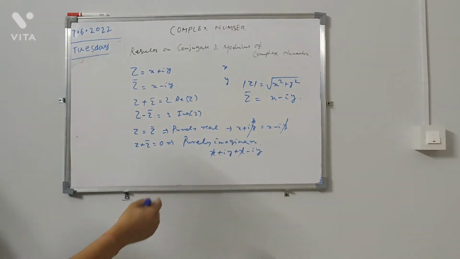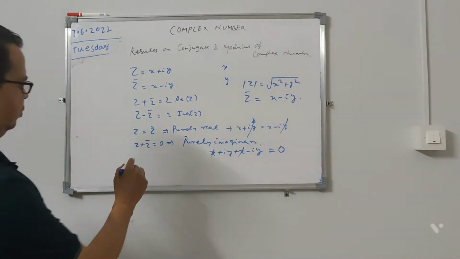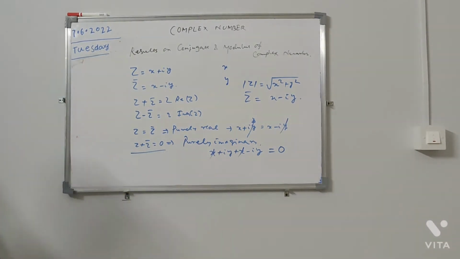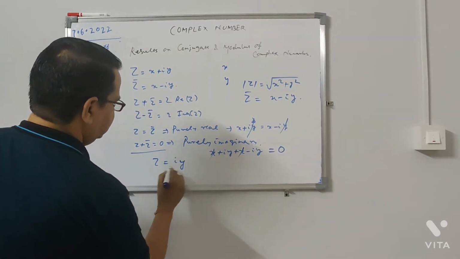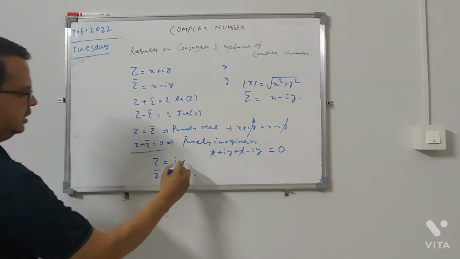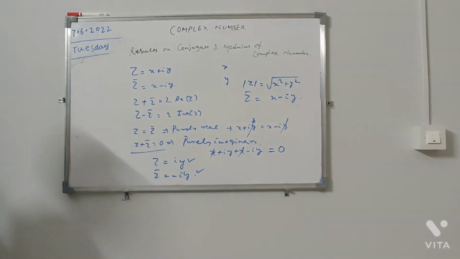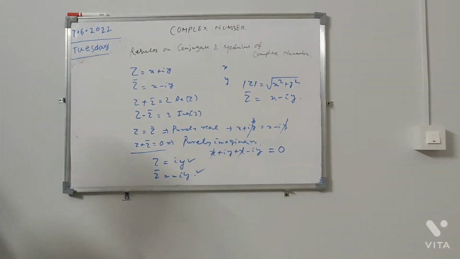Only then will this become equal to 0. So when z plus z bar is equal to 0, then it's a purely imaginary number. That means z will be equal to iy and z bar is equal to minus iy. Then only the addition of the complex number and its conjugate will be 0, when both are imaginary numbers.